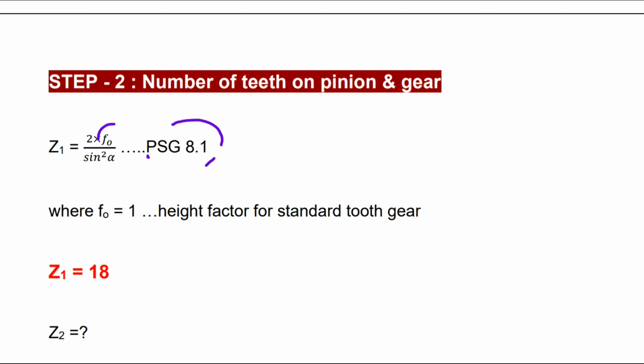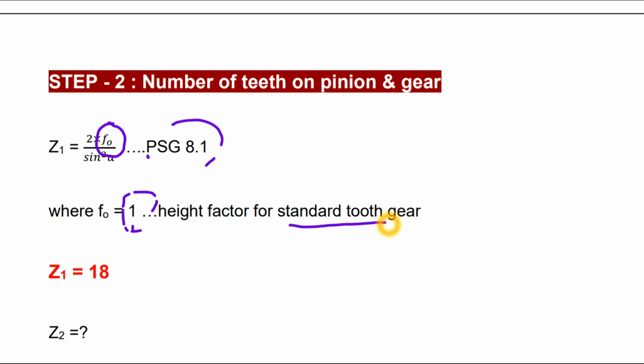Here f0 is the height factor. There are two values for f0: one is 1 and the other is 0.8. The value 1 is taken for standard tooth gear, and the value 0.8 is taken for stub gear tooth.